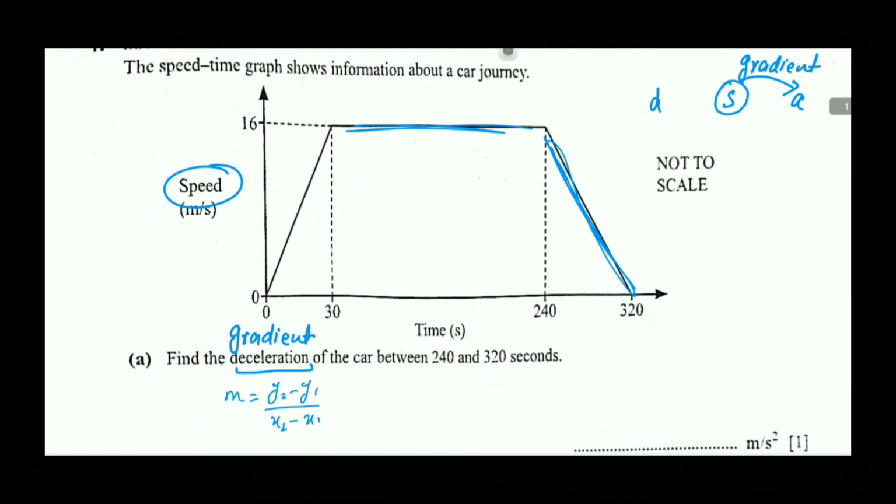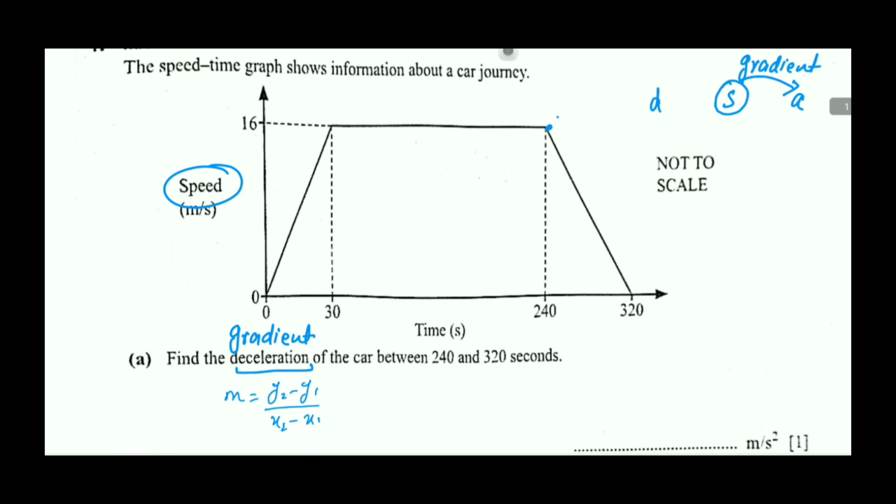This is the constant speed and this is acceleration. All of you know about it. They are asking to find deceleration from 240 to 320, so this is the part of the graph for which you have to find the deceleration. Deceleration means gradient. So we will take the coordinates of that slope.